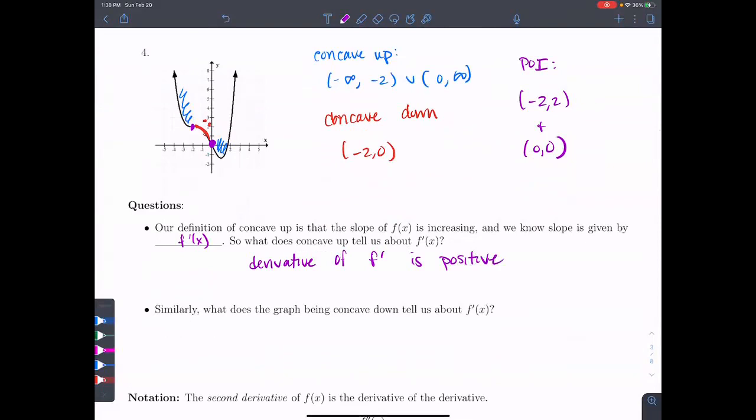If f prime is positive, that means f is increasing. F double prime positive means that f prime is increasing. These actually go both ways.